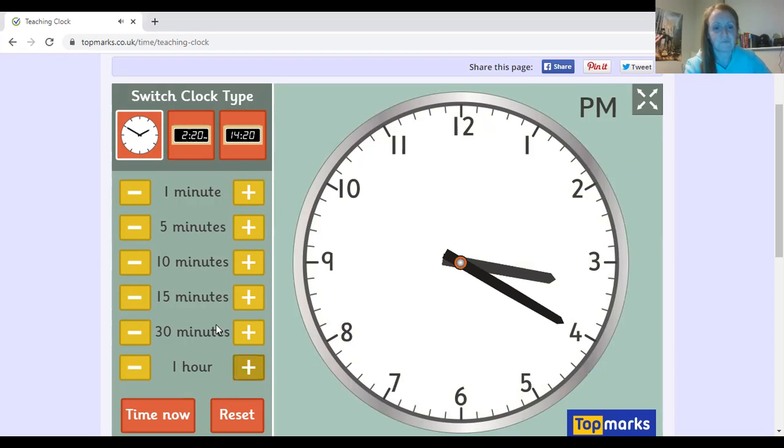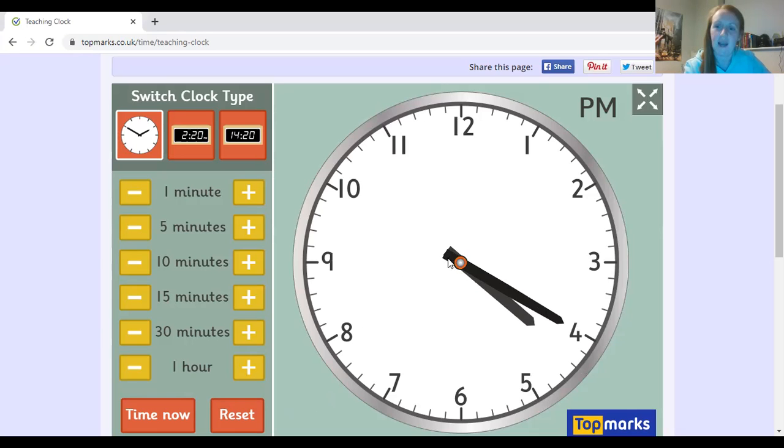Okay, so if I now switch it round an hour, let's see what the time is now. So it's gone 1 full hour on. So the hour hand is now between the 4 and the 5. It's not quite 5 o'clock, so we say it is 4 still. And our minute hand is back on the same number, but it's not 20 past 3 now.